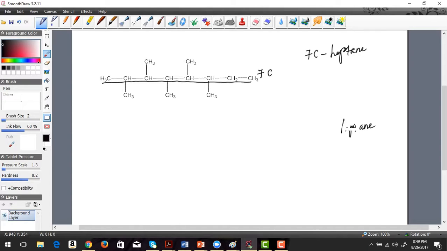Now where do I start numbering from? Well, again, there's too many methyl groups and visually it could confuse you, right? Look at it visually and see which side is the Caesar, like put a Caesar right in the middle and you see which side has kind of extra load. It's this side, right? So we should start numbering from this side.